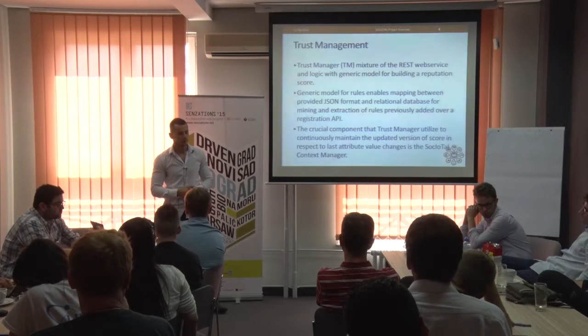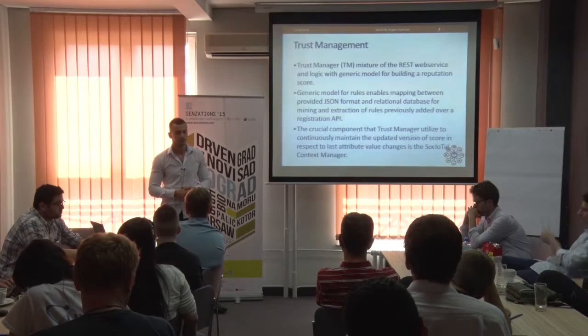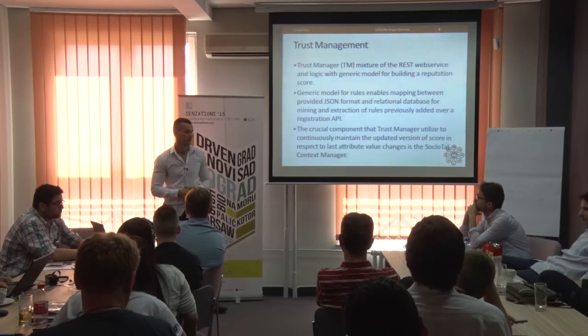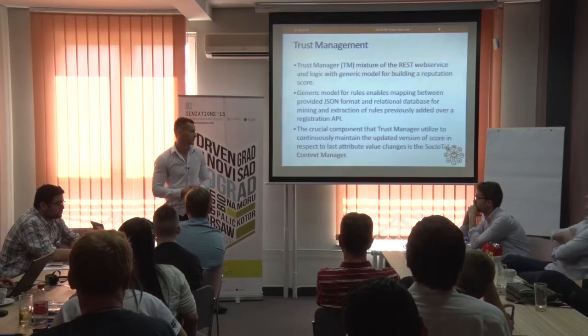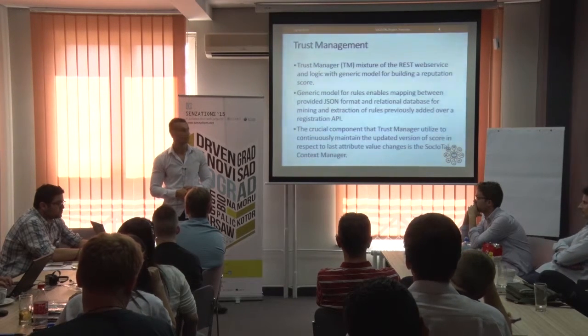You say that the reputation score based on these rules is, let's say, 3. And in that case, I won't allow some user to use my device, or it's up to you. You can build whatever you want.